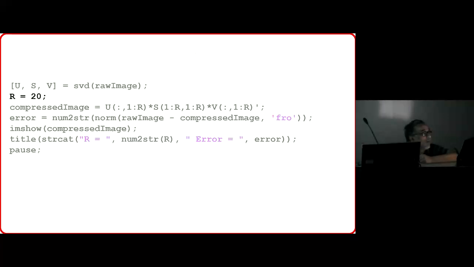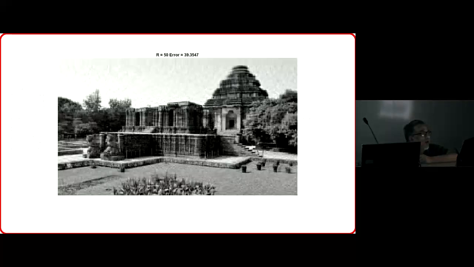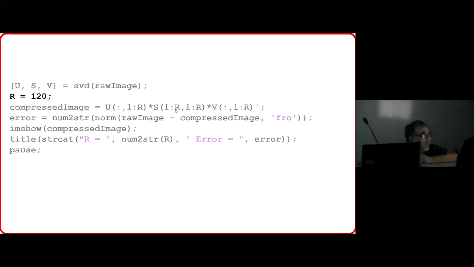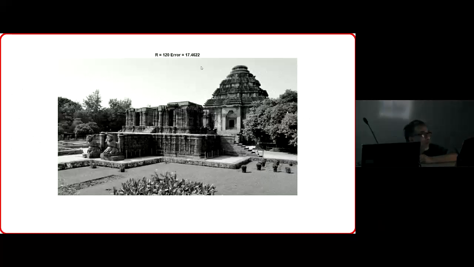If you look at the errors, this was 102, now it's 62, and with R equals 50, now it's 39. Now I'm taking 120. Looks pretty good, right? But it's a low rank image. The rank is only 120.